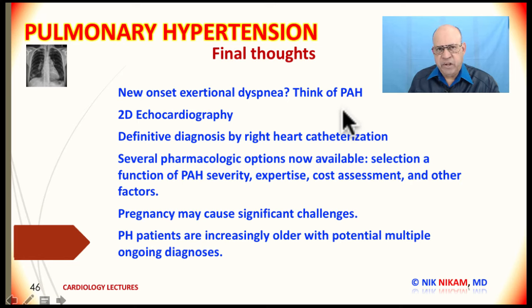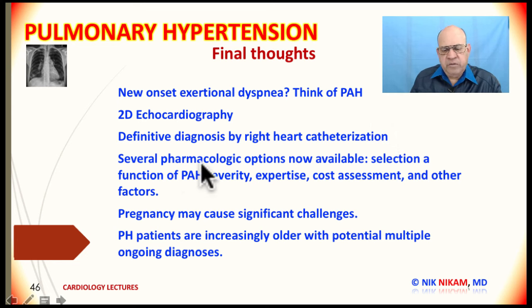2D echocardiography is an important test in screening patients with pulmonary arterial hypertension, looking for elevated right heart pressures, looking for tricuspid regurgitation, looking for right ventricular dilatation and dysfunction. And of course, the definitive diagnosis is going to be done by performing a right heart catheterization, measuring the pulmonary mean pressure along with the pulmonary capillary wedge pressure.